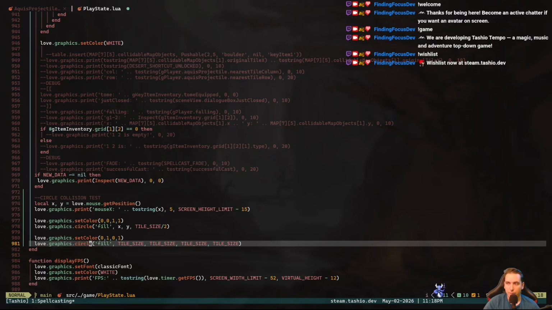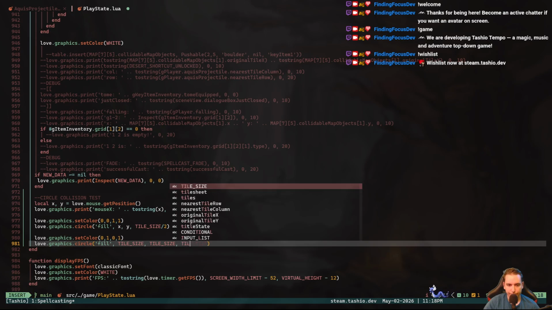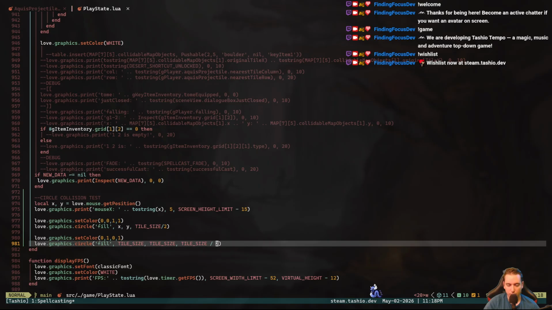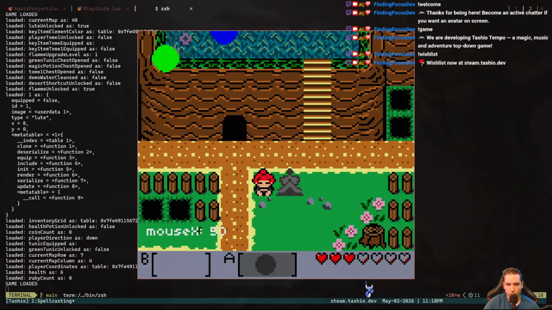So a smaller hitbox like that would hopefully work. Okay, we're going to keep the same X and Y, except this time we're going to give it a radius of half of a tile size to give a whole tile worth of circle there. So we've got our green circle and our blue circle. Now we just need to test collision here.